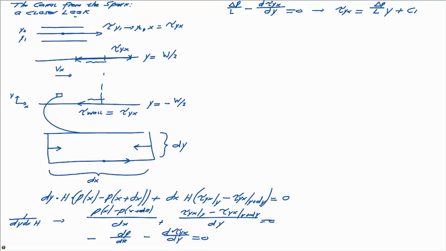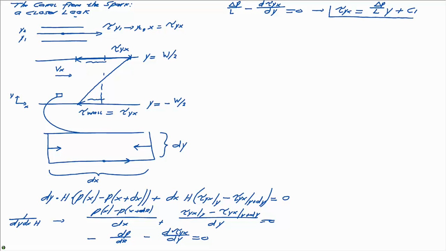But now I want to go back to my previous drawing, because we see here that tau yx has a linear profile. It's linear in y. So we have a straight line. So if I draw it in my figure on the left, I can only draw it like this, if I want to go through those 2 points of tau yx, which I already had.